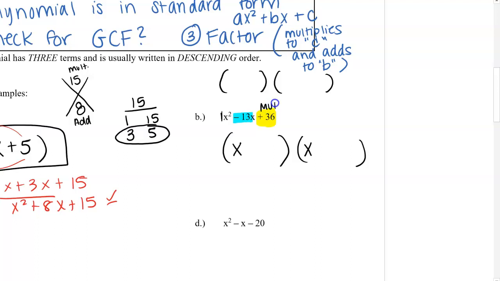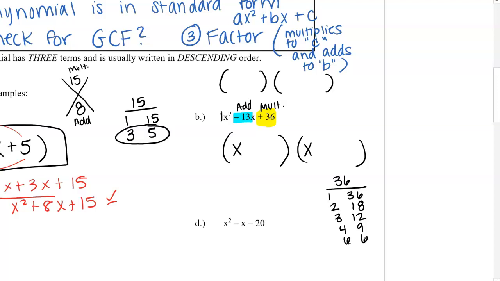So multiplies to 36, adds to negative 13. If you're not sure, 36 has a lot of factors, so let's write out our factors. 1 times 36, 2 and 18, 3 and 12, 4 and 9, 5 doesn't go in, 6 and 6.